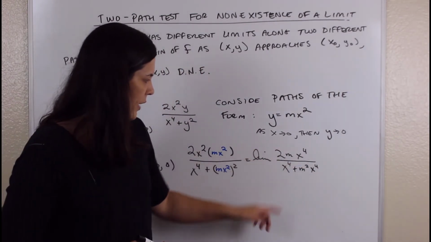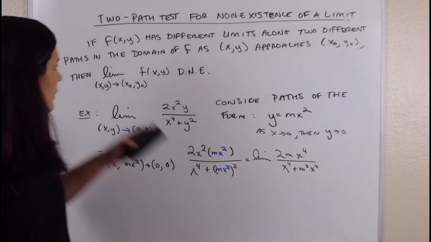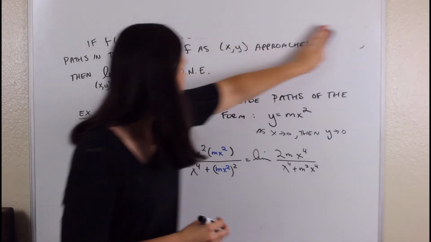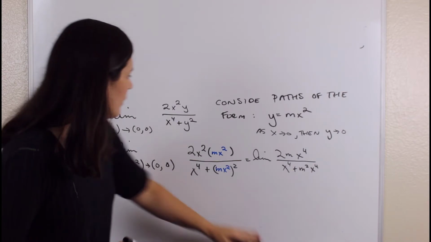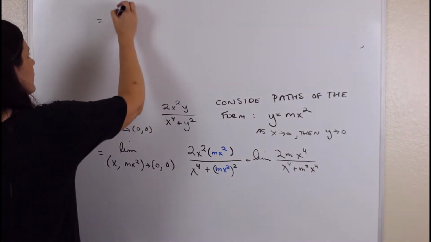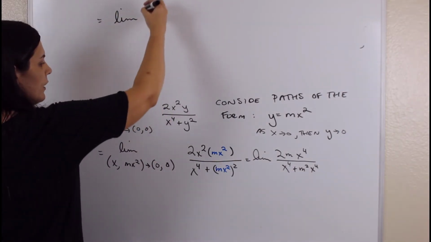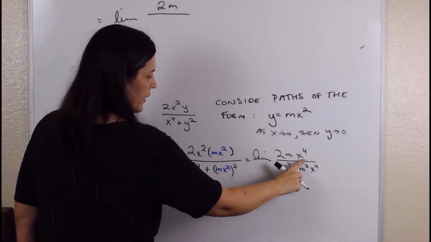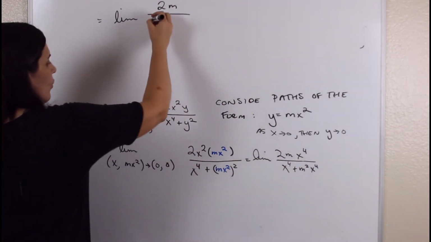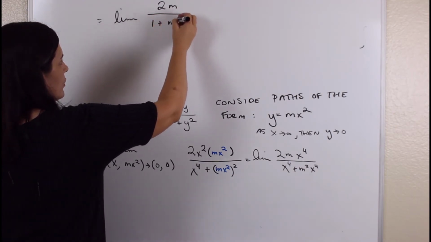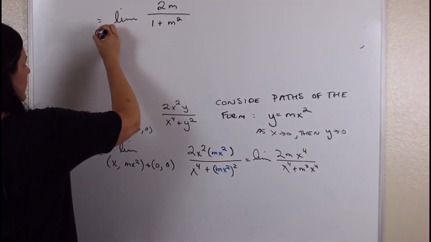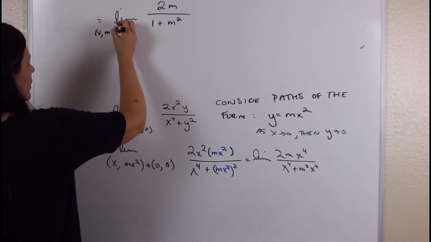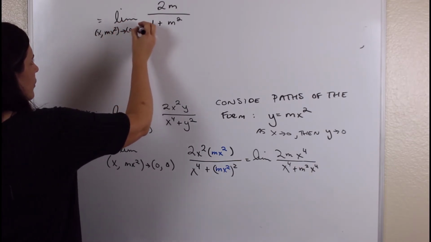Notice all the terms have an x to the fourth in it, so let's go ahead and simplify that. So we have that this limit on top is 2m, because we're going to divide out that x to the fourth here, here, and here, over 1 plus m squared. And this was as x comma mx squared approaches 0, 0.